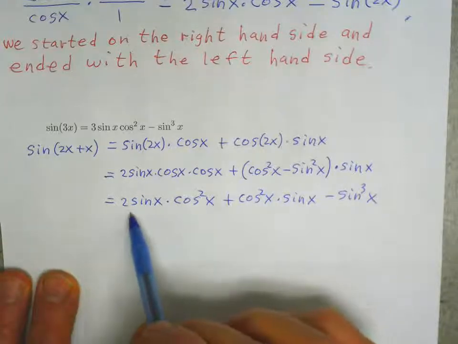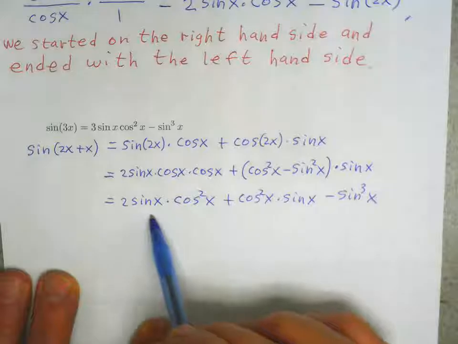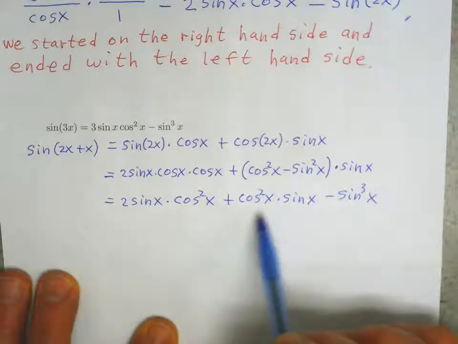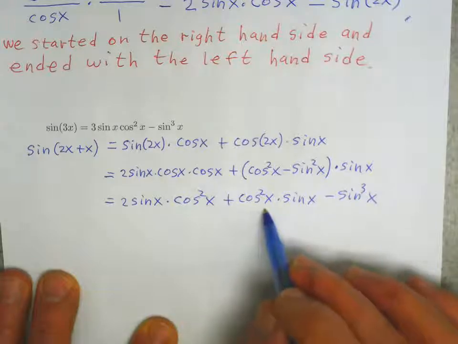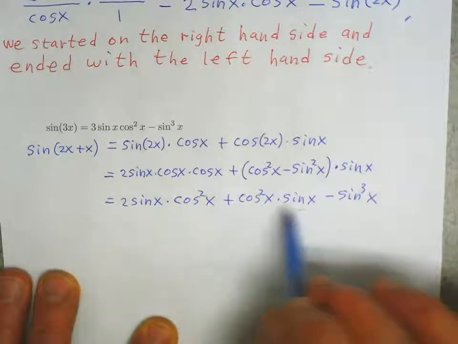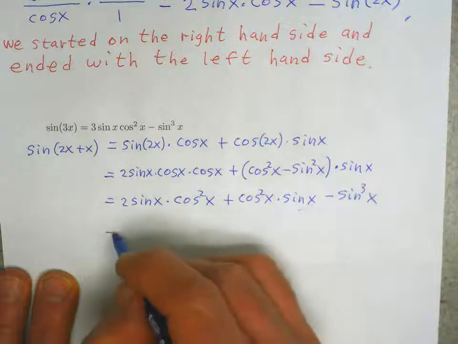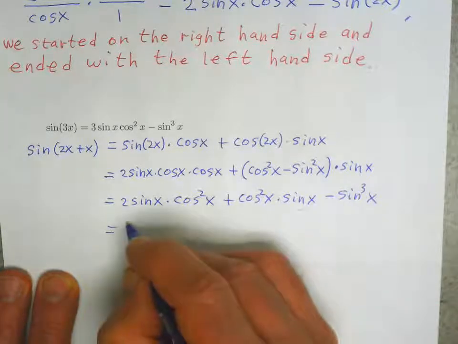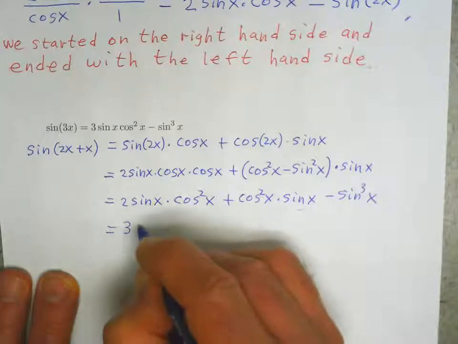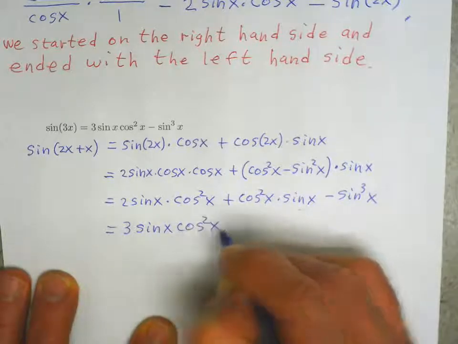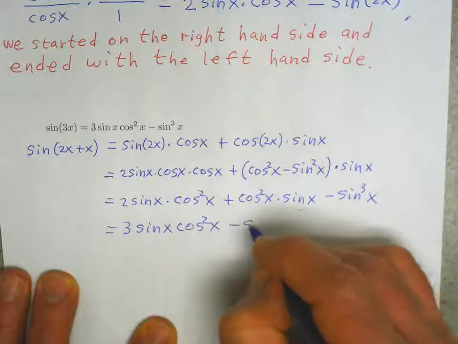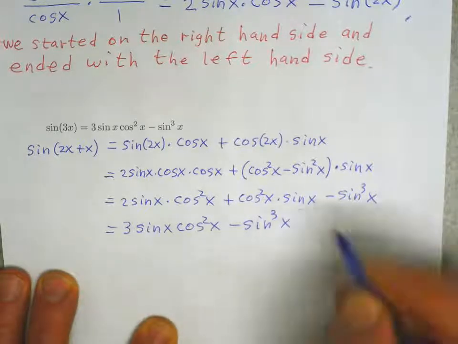Okay, we'll notice that this term, 2 times sine of x times cosine of x squared, is the same kind of term as cosine of x squared times sine of x. The factors are in different order, but those can be combined by adding, so we get a total of 3 times sine of x times cosine of x squared, and then minus sine of x to the third.